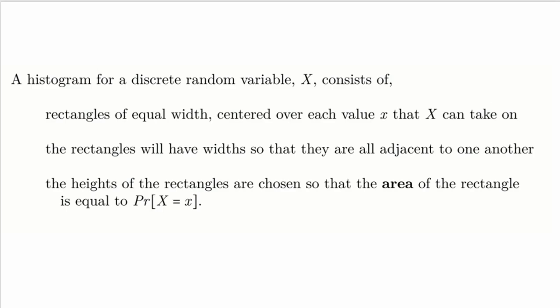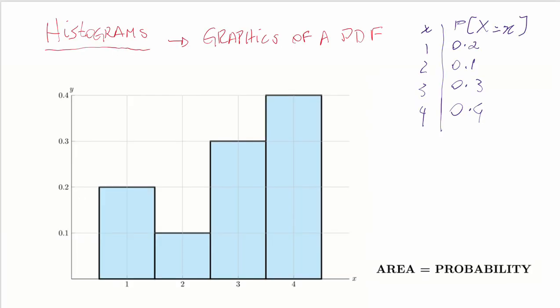So here is a histogram, and here is the PDF. What you're looking at in this graph is exactly what's written in the PDF here. How is it defined?